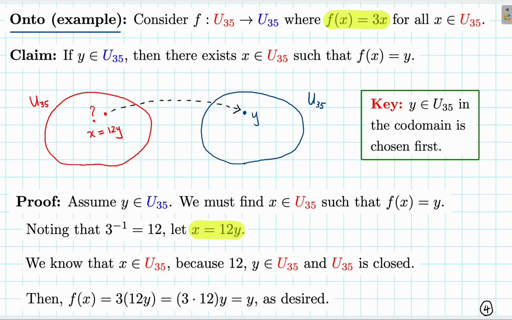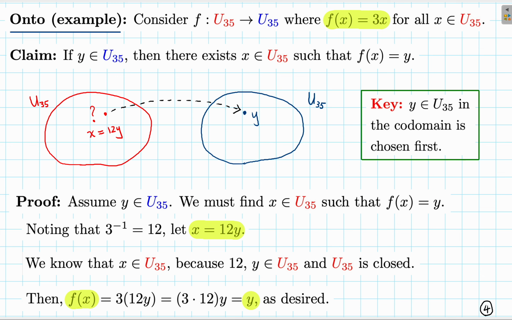And therefore, we have indeed f of x equals y as desired. Now, what we just showed is that our function f is what's called an onto function. So let's generalize that concept in the next slide.